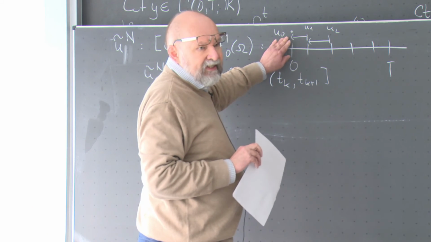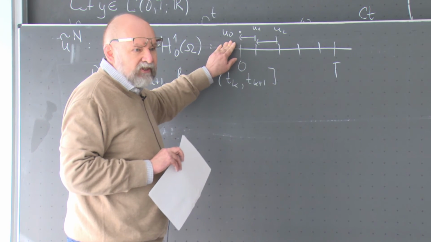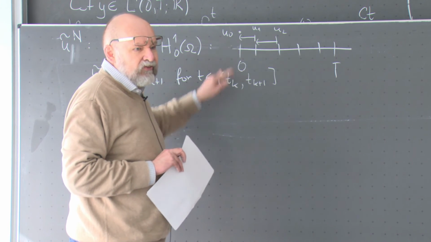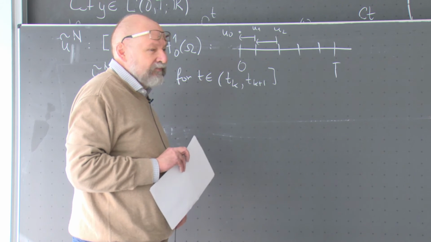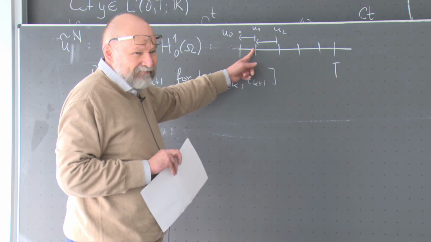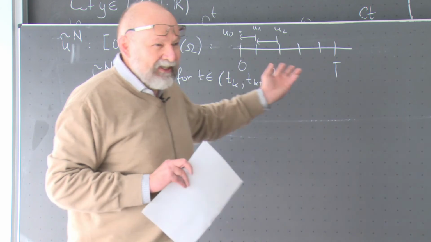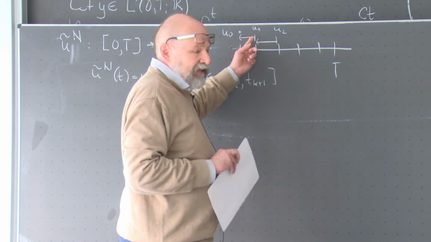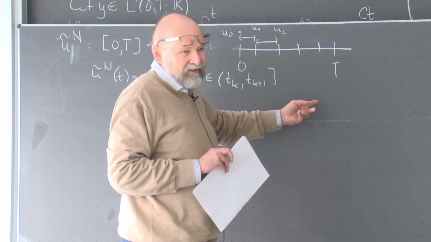The problem is that this function has a distributional time derivative. But what is the problem with it? Every L^1 function has a distributional derivative, but then we get Dirac parts into that. We don't have a function as derivative.